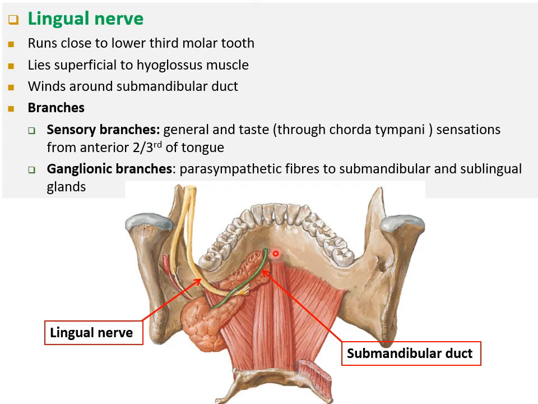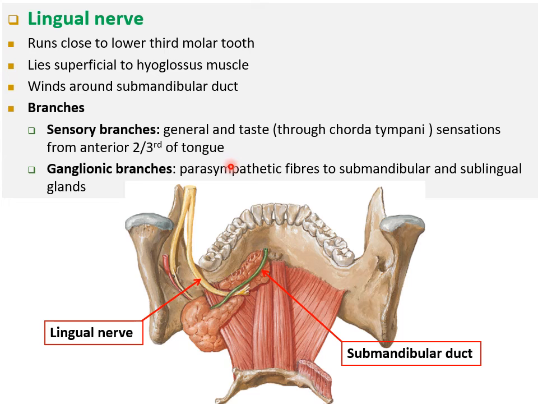What are the branches of the lingual nerve? It gives a sensory branch to the tongue through which it carries general and taste sensations from particularly the anterior two-thirds of the tongue. Remember, the taste fibers pass through the chorda tympani, but the fibers of this chorda tympani run along with the lingual nerve.